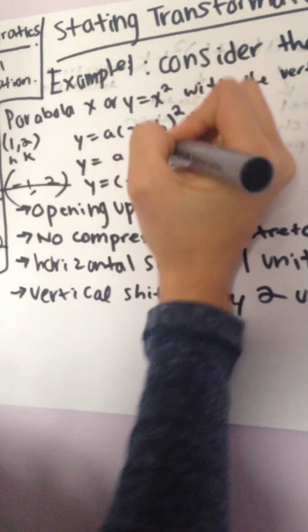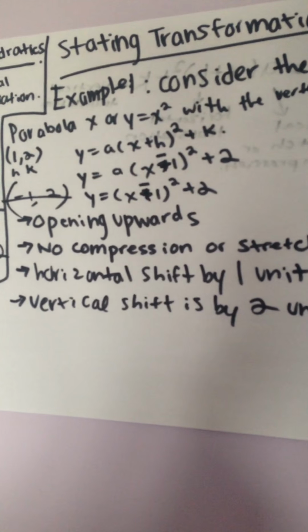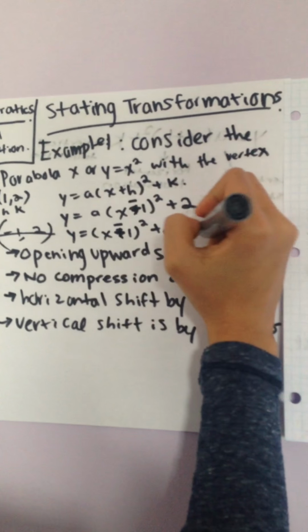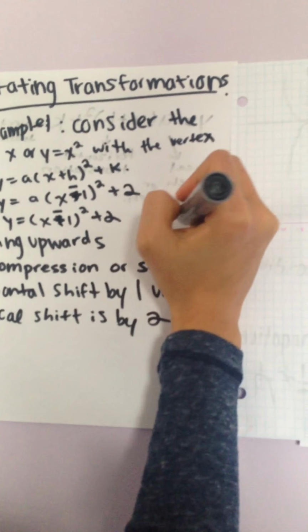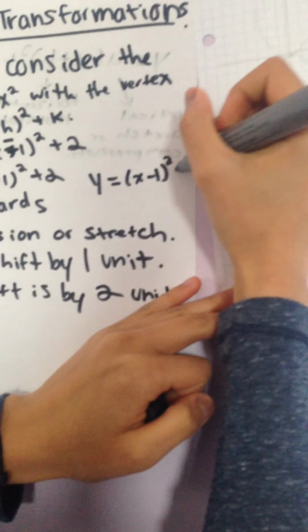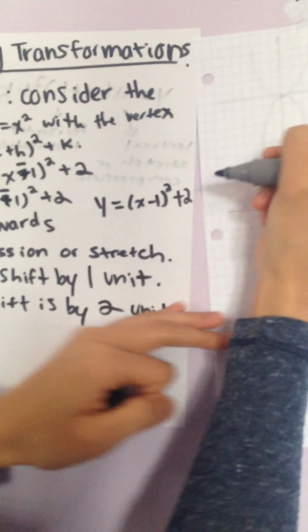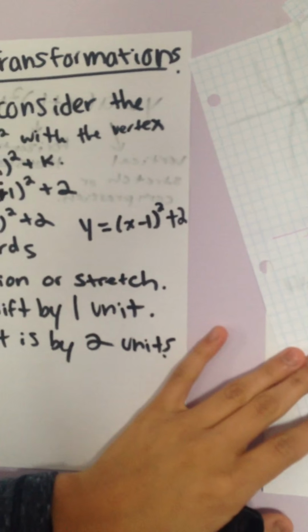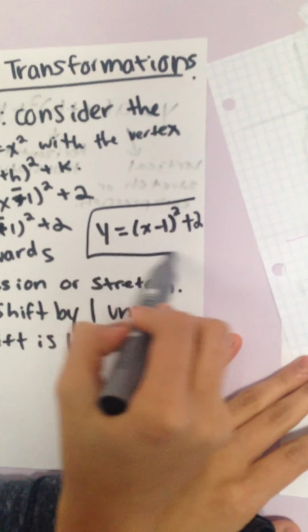So it's going to be a -1. Sorry guys. And so the equation overall would be y equals (x minus 1) squared plus 2. So that is the final answer.